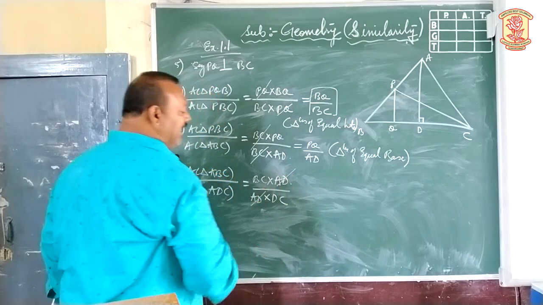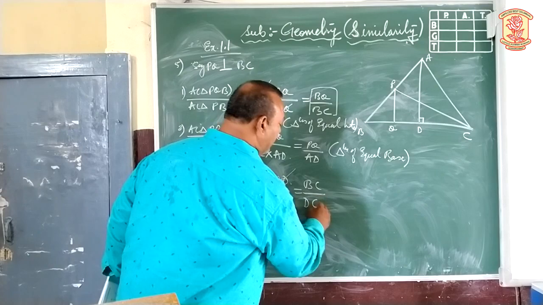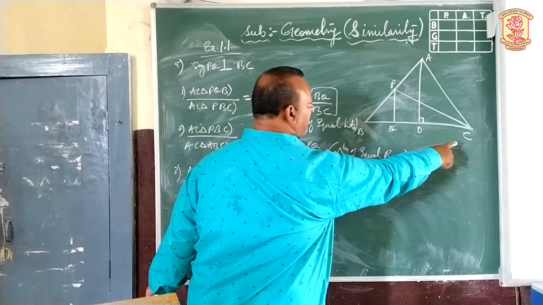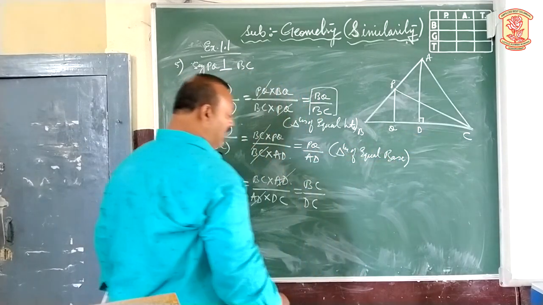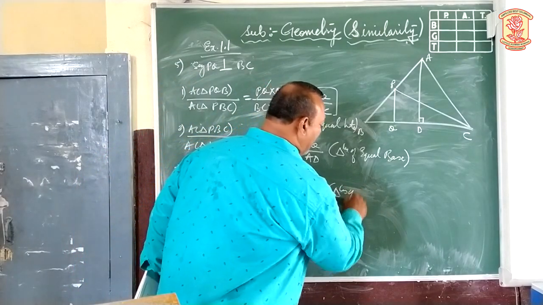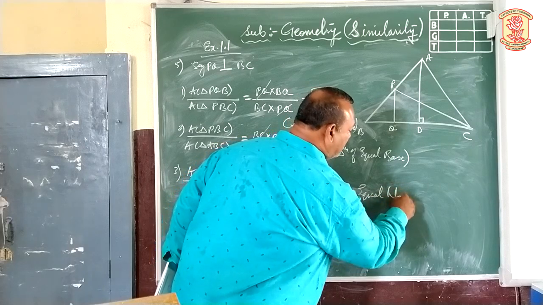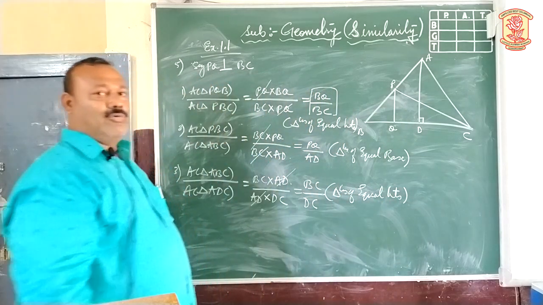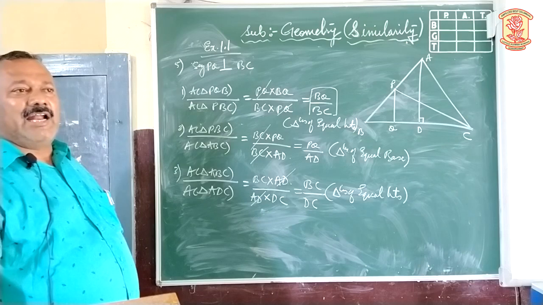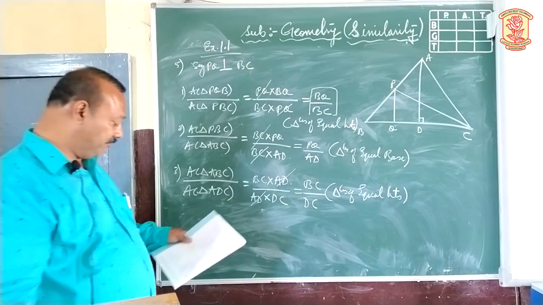Now AD and AD get cancelled and you get the answer BC upon DC. BC is the base of the first, DC the base of the second. Again you can say triangles of equal height. Whenever two triangles have the same height, areas are proportional to the corresponding bases.